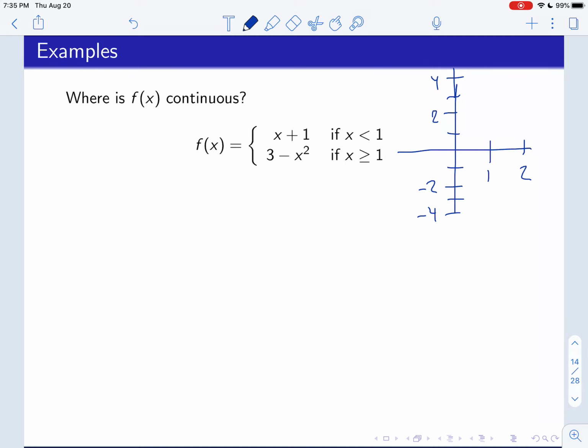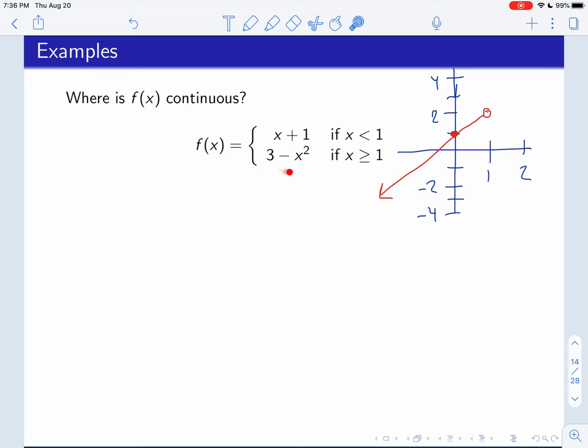So here's my coordinate plane. The graph I'm supposed to use is x plus 1 for all the x values less than 1. So that's a line. It's got y-intercept 1 and slope 1, and it goes something like that. And then the second part is just a parabola.